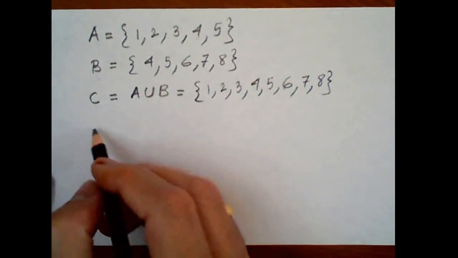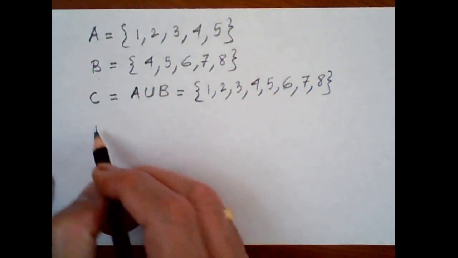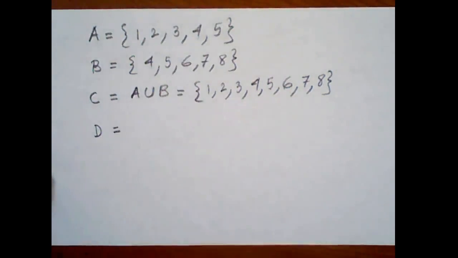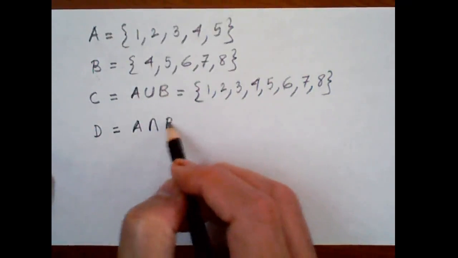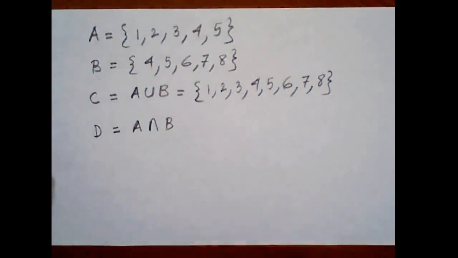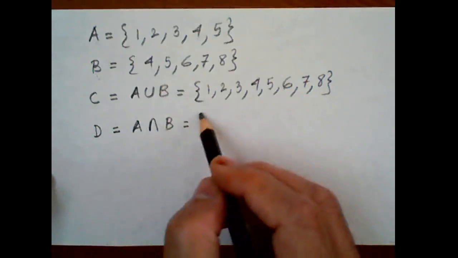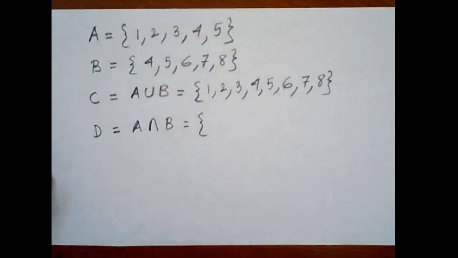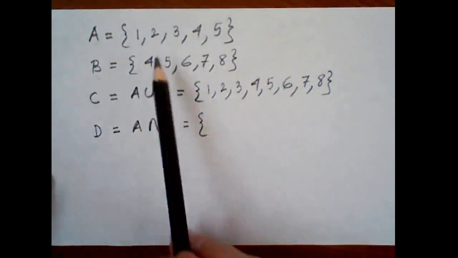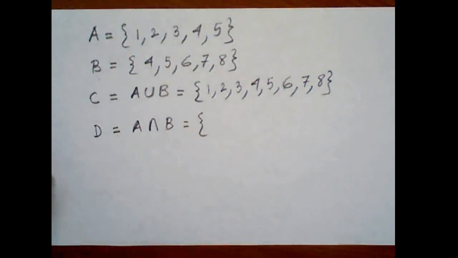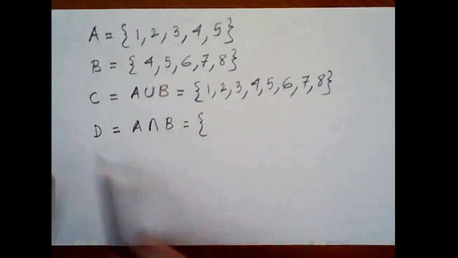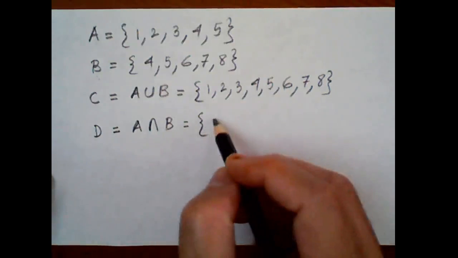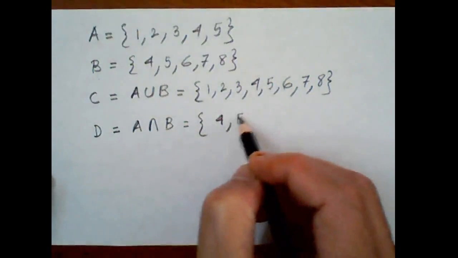Now let's define another event or another set D, which is A intersection B. Right? Now this set is going to contain elements which are common to the sets A and B, in which case the set A intersection B or D will have the following elements, 4 and 5.